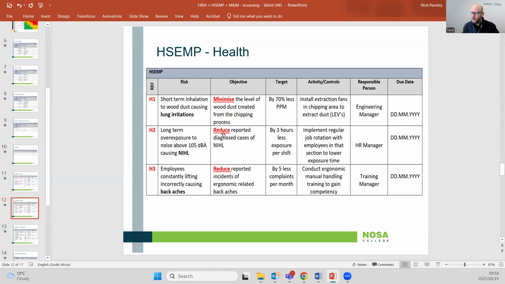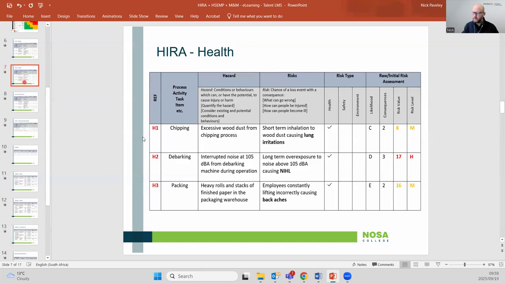For health 2, I want to reduce reported diagnosed cases of NIHL. Now, the reason why I haven't set my objective for H2 to actually reduce the noise, because I'm thinking practically, let's just jump back to the HIRA. And you can see what I'm doing here, guys. Everything that you're developing in your management plan is linking back to your HIRA.